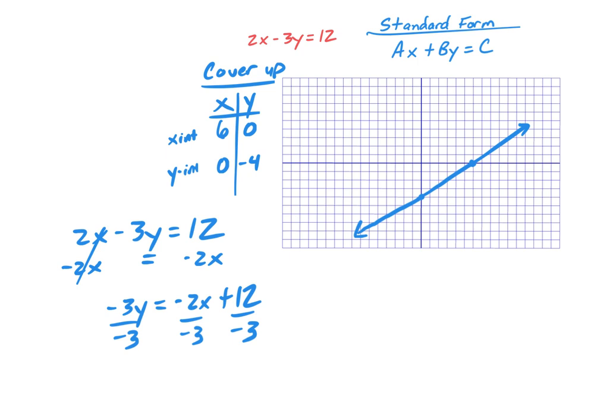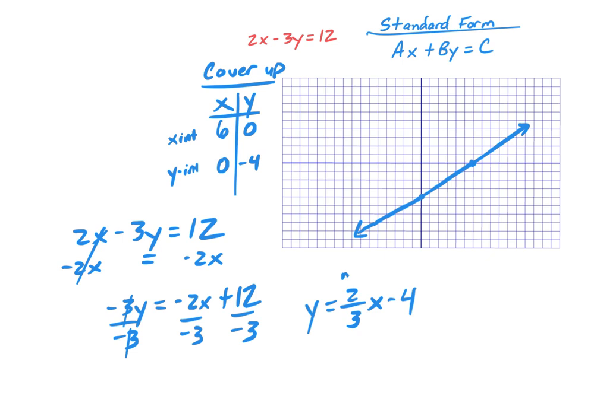So we're going to divide by -3 all the way through, and that would be y equals. And then just be really careful of your signs here once again. We have a negative and a negative. So negative and a negative would make this a positive 2/3 x. And then 12 divided by negative 3 would be a minus 4.